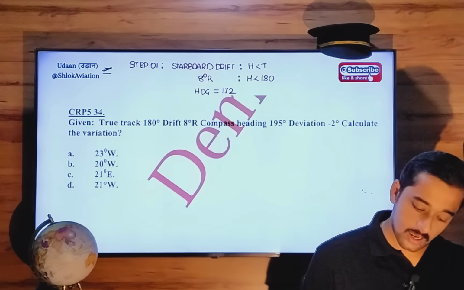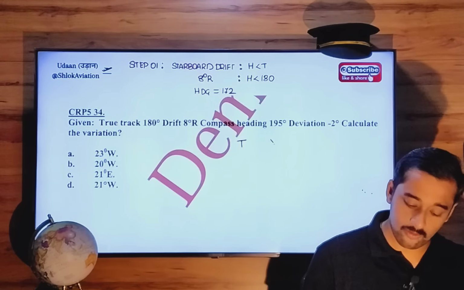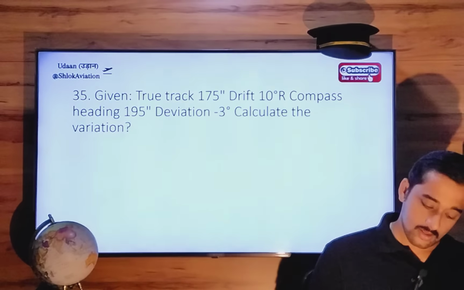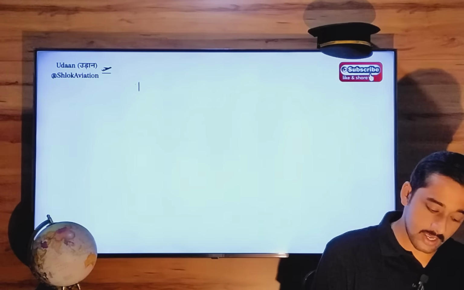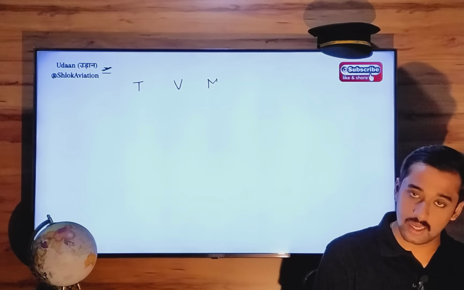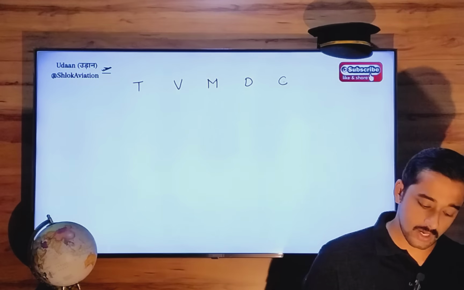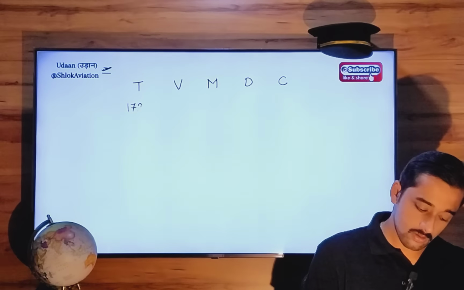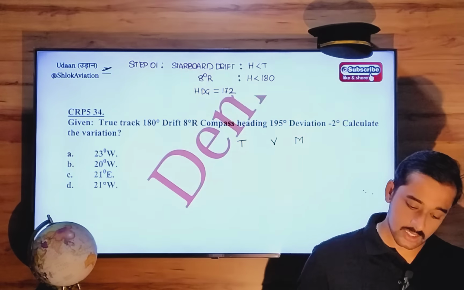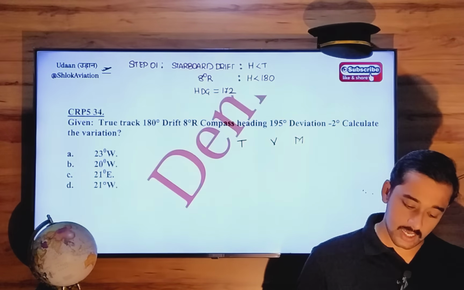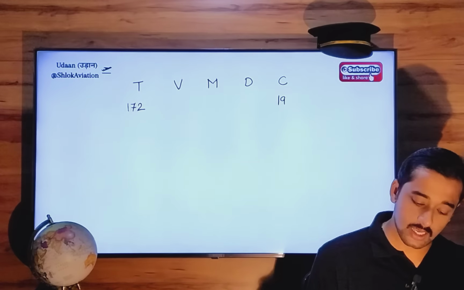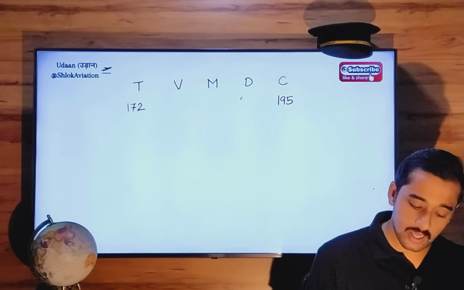Okay. Now true heading, variation, magnetic heading, deviation, compass heading. Step number 2. True heading is 172. Variation is unknown. Compass heading is 195. Deviation is 2 degrees west.